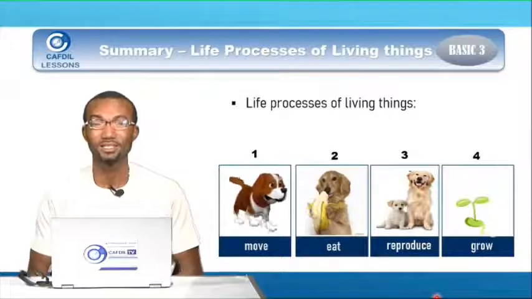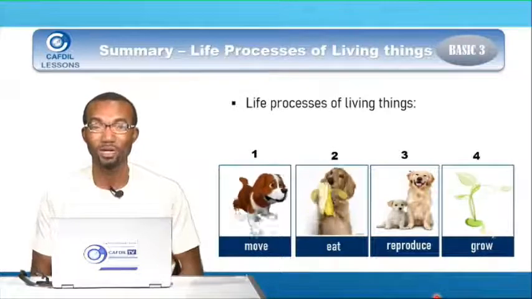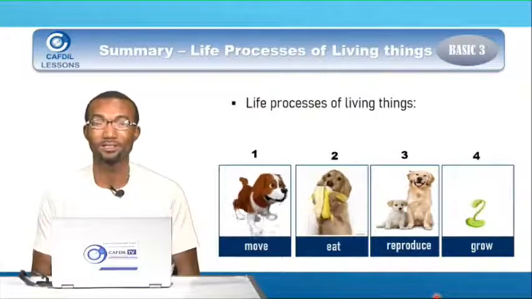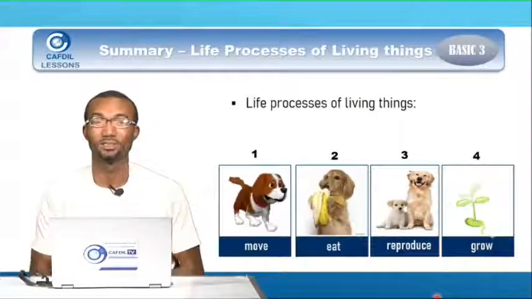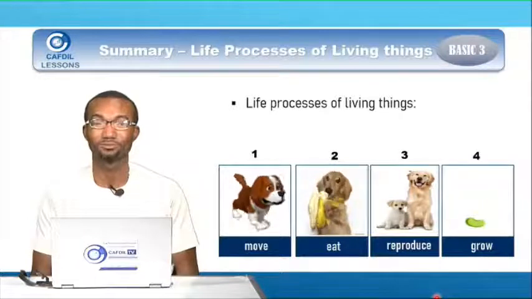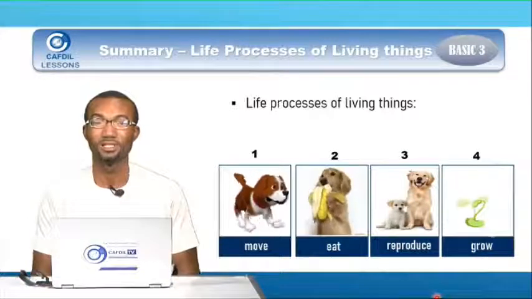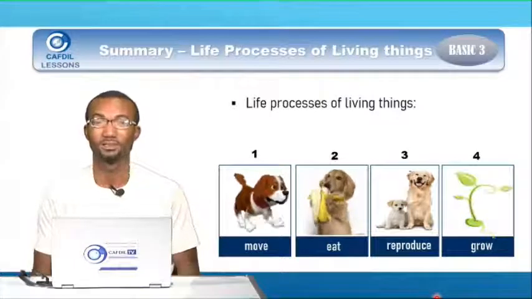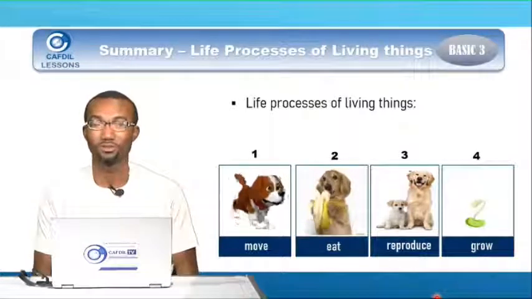You said living things eat. You saw human beings eating, a boy eating banana, a boy enjoying his chicken meat, and a dog eating banana too. Human beings, animals, and plants, you all eat so that we can grow bigger and stronger.